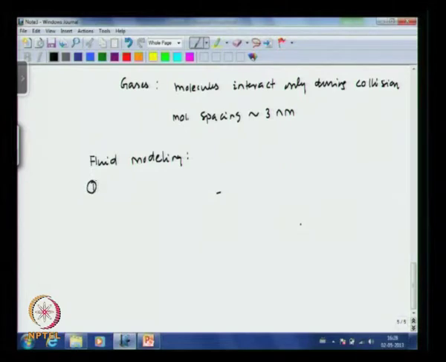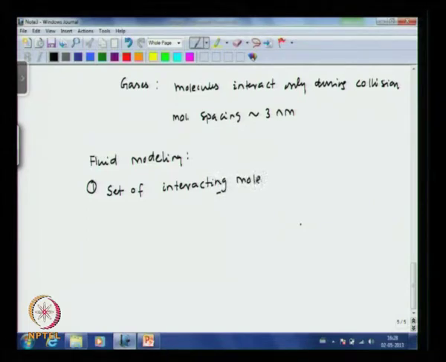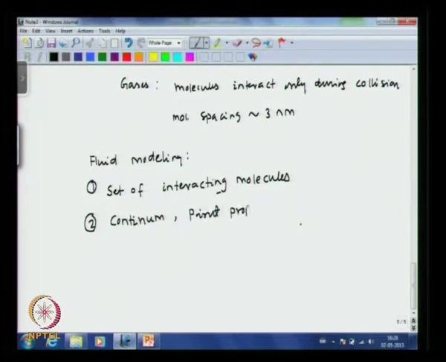One is as a set of interacting molecules, or as a continuum where point properties are defined throughout.